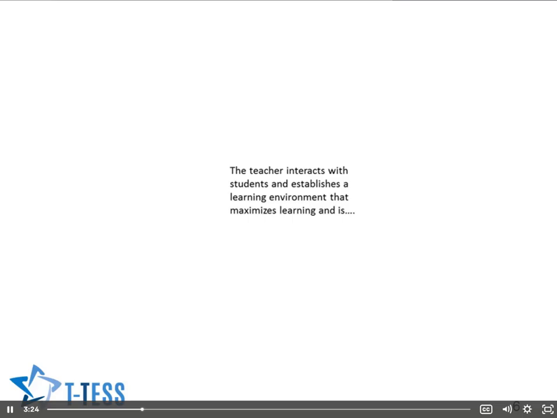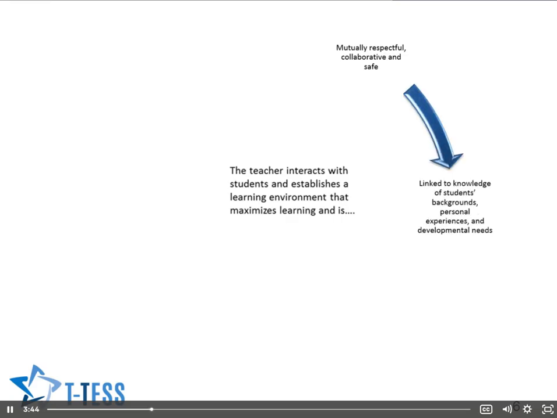Let's think now about some of the behaviors we might see and hear as this dimension is executed during instruction. The teacher interacts with students and establishes a learning environment that maximizes learning and is mutually respectful, collaborative, and safe. Linked to knowledge of students' backgrounds, personal experiences, and developmental needs.